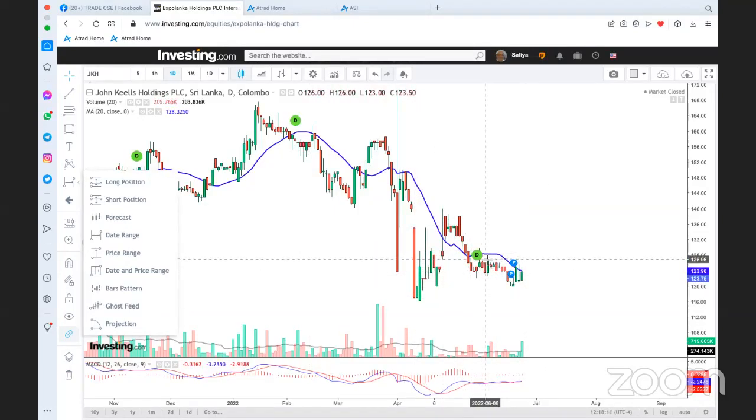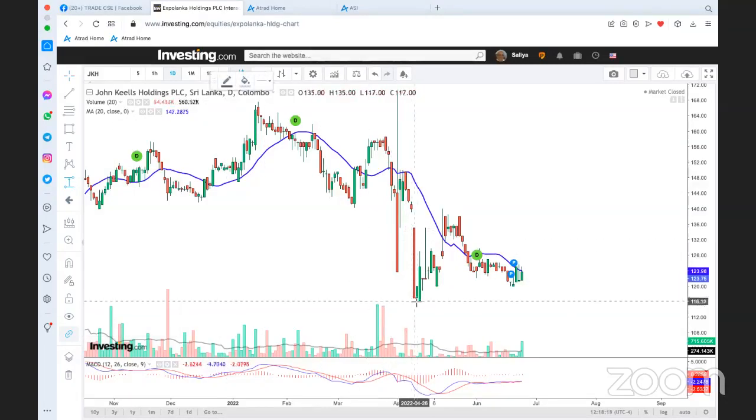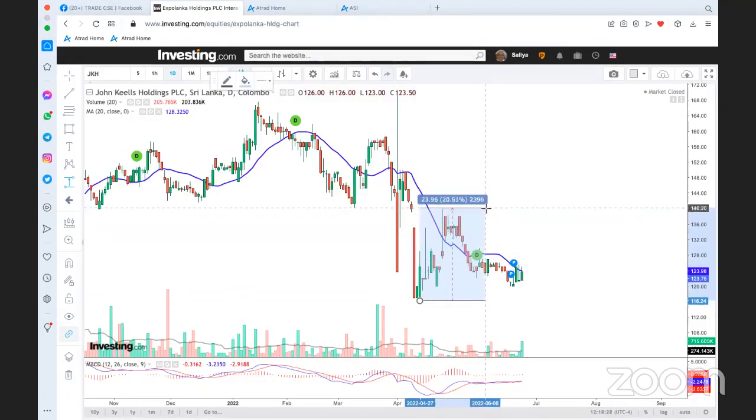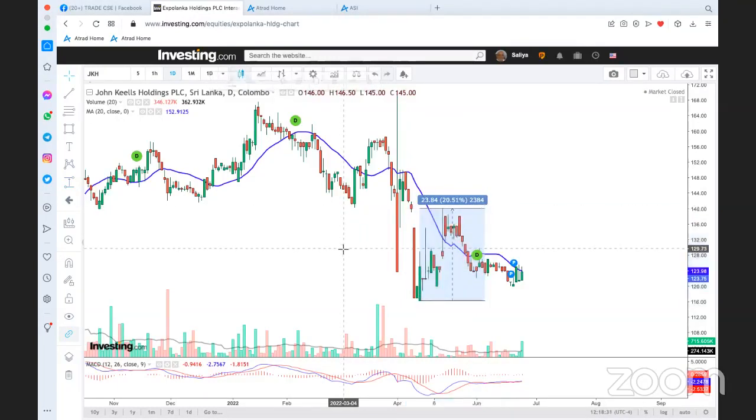If you take this area, from here to up to this level, it's like 9%. But overall, it stayed and made a 20.5% return.